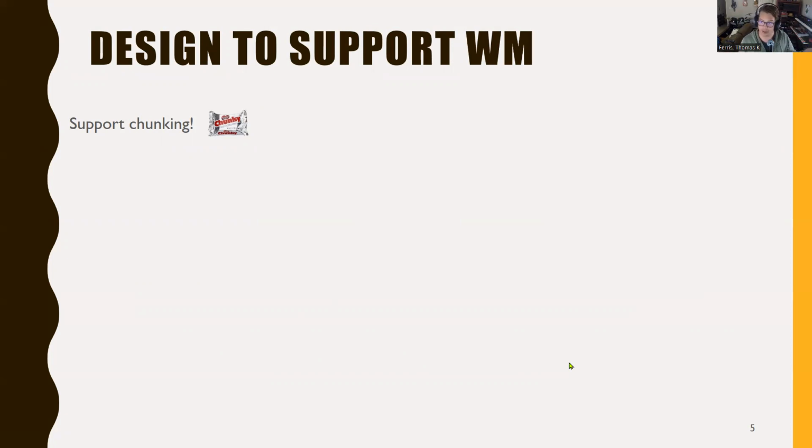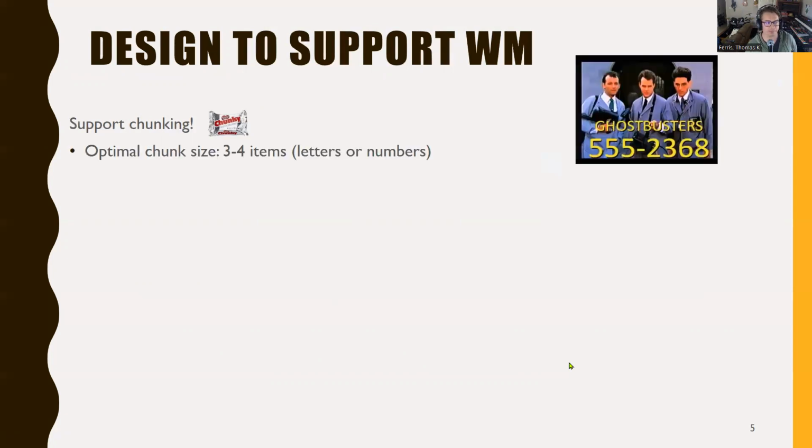So we're going to take advantage of those sub memory functions, storage systems, and how encoding tends to work well in learning contexts. All right, so the optimal chunk size, if you have, let's say, a random string of things like numbers or letters, is about 3 to 4.